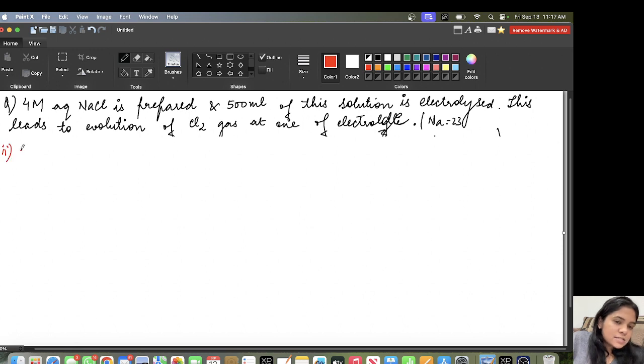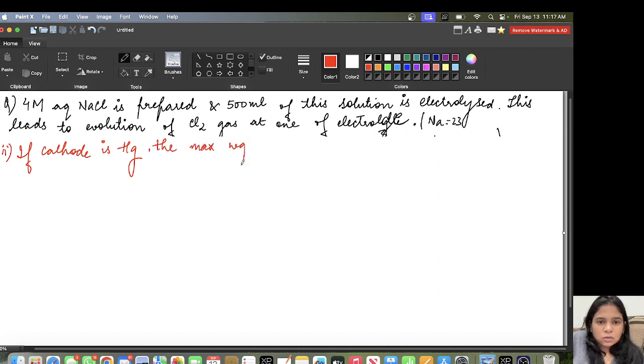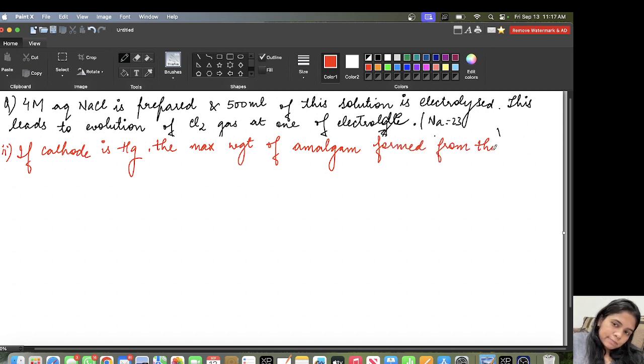The second part is telling us, if your cathode is a mercury electrode, what will be the maximum weight of amalgam formed from this solution?